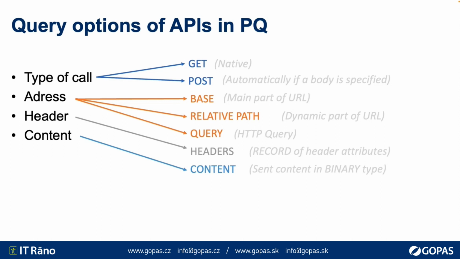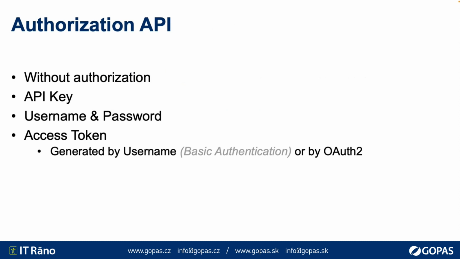And if any API has any authorization, then mostly it will be one of these authorizations. It can be without authorization. Yeah, some APIs are completely without any authorization, but it's not really common. Then the API key can be used as authorization. Then the user and password, which is mostly called basic authentication.